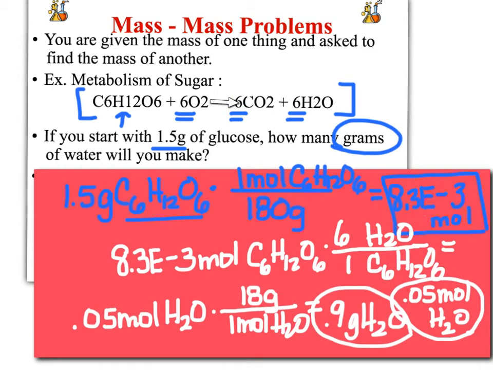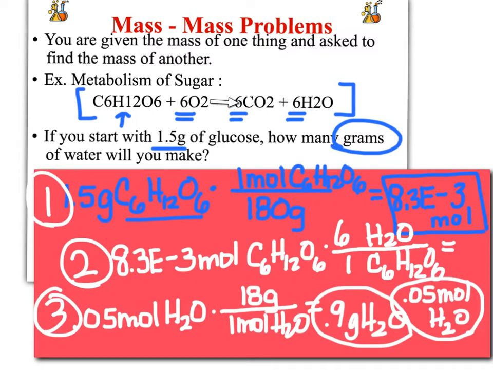Then we can take those moles of glucose and relate moles to moles, moles of glucose to moles of water, and it's a 1:6 ratio. Our answer would be in moles of water, but they asked how many grams of water would be made. So I took my answer and I did a conversion from moles to grams. Now, this is a lot of work and it makes a big mess. So what I'm going to show you now is how to combine all three of these steps, step number 1, 2, and 3, into a single equation.